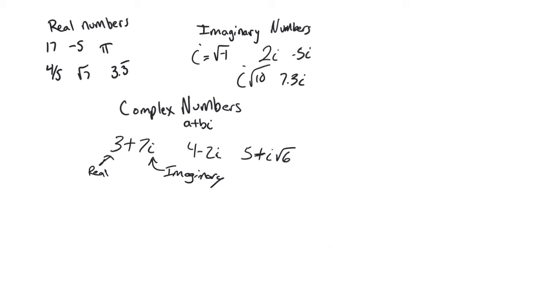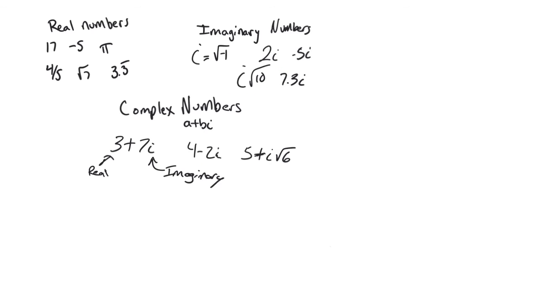If we have numbers, let's say we have just real numbers. If we just have these real numbers here, then that falls under the category of real numbers and complex numbers. All right, if we have just the imaginary numbers, then it falls under imaginary and complex numbers.